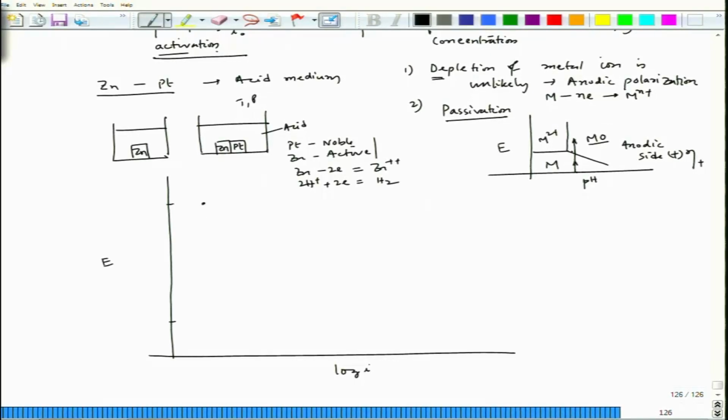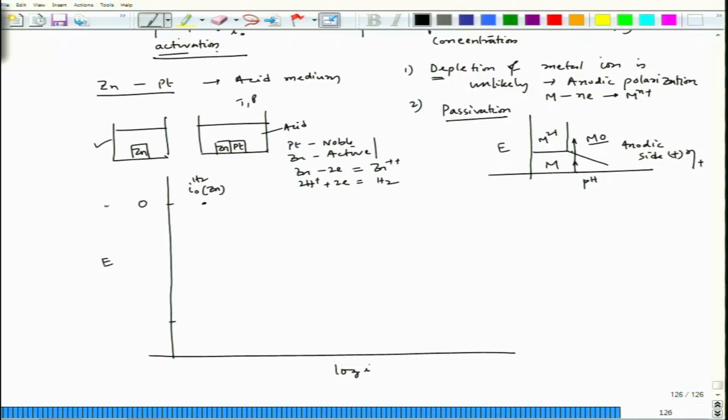Now, this is basically I0 for H2 gas evolution. Let us say this is on zinc surface. In this case, this is the case what we are considering now.